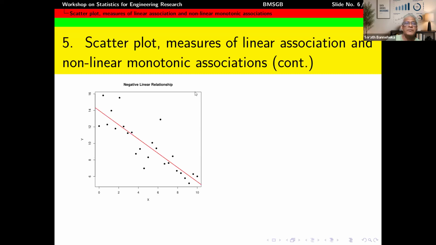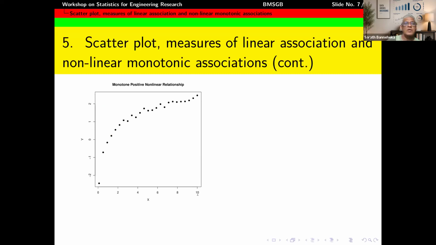For example, here we can consider this scatter as scattered around a straight line, because in this region you have points above and below the straight line, in this region you have points above and below, and in this region again, without any other particular pattern. So it's reasonable to consider this line as going through the points.